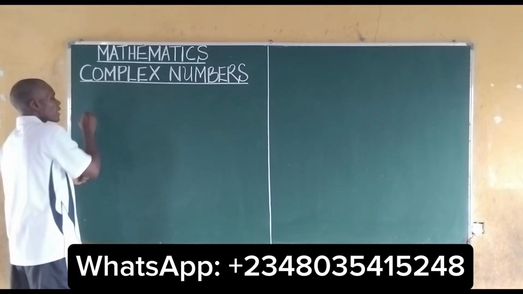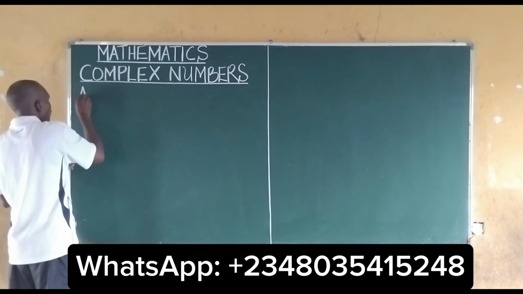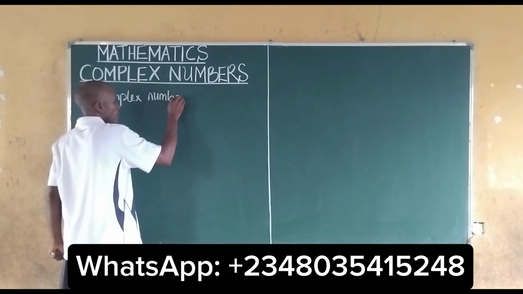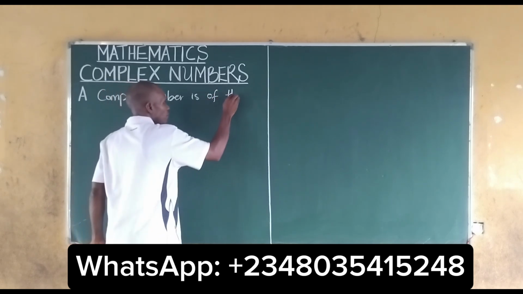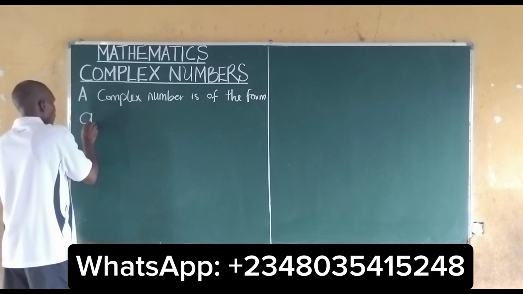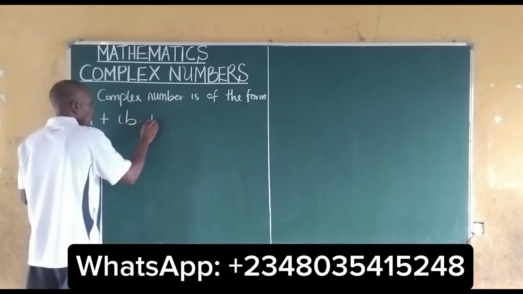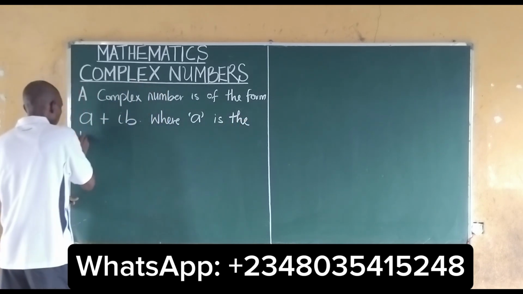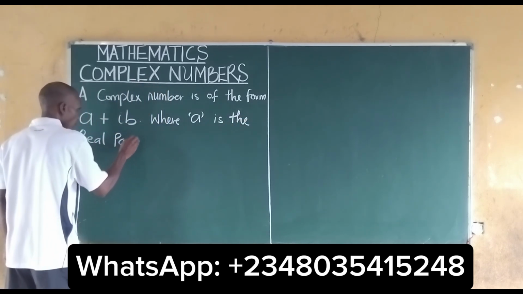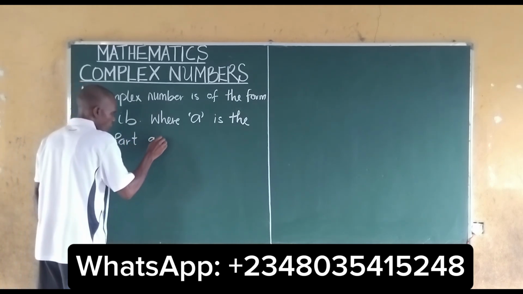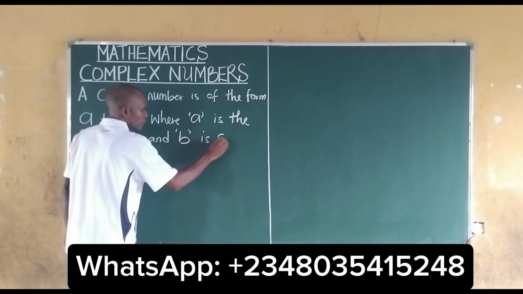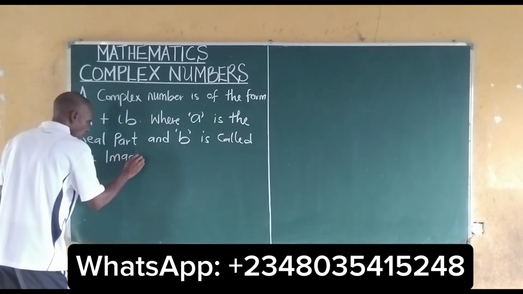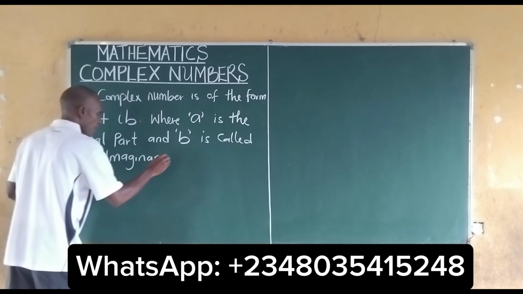First, the definition of complex numbers. A complex number is of the form a plus ib, where a is the real part and b is called the imaginary part.